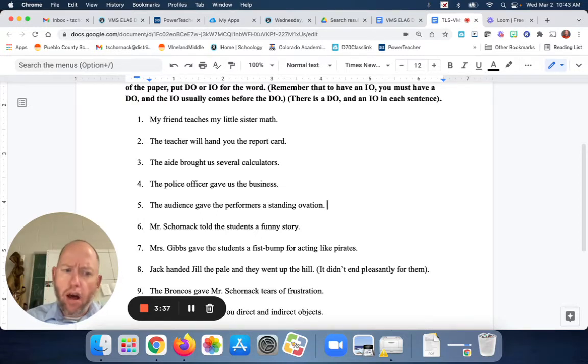And then direct object sentences will always have an action verb where the action is concrete, that we can see with our 5 senses, or abstract, something that we can't exactly see with our 5 senses. Like, what did the audience do? Well, the audience gave. That's our action verb.